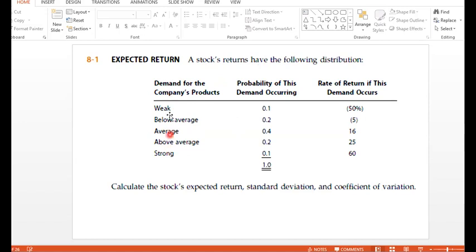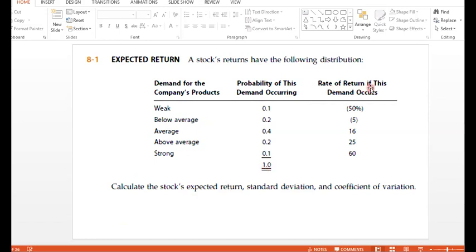There are five different possibilities of demand: weak, below average, average, above average, and strong. There is a 10% chance that the economy would be weak, 20% chances that the economy would be below average, 40% chances that the economy would be average, and so on. One thing must be noted: the sum of the probabilities must be equal to 1. It should not be less than or more than 1.